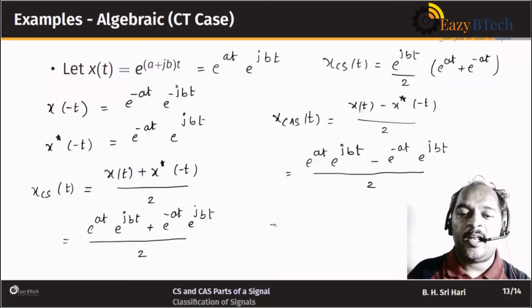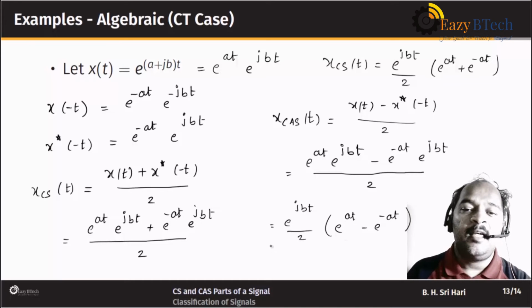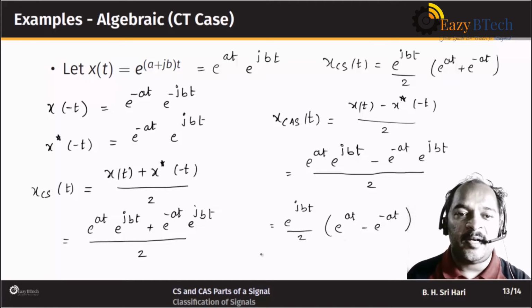Again e power jbt divided by 2 is common, and you get e power at minus e power minus at as the conjugate anti-symmetric part. So for a given signal, in this way we can find the conjugate symmetric and conjugate anti-symmetric parts.